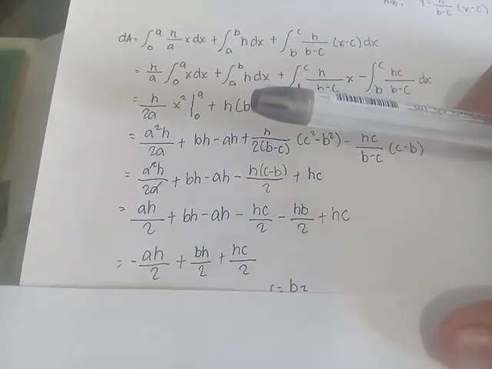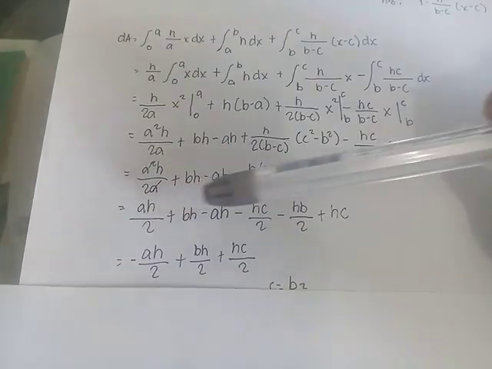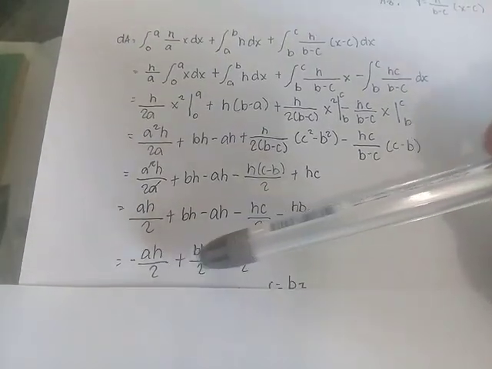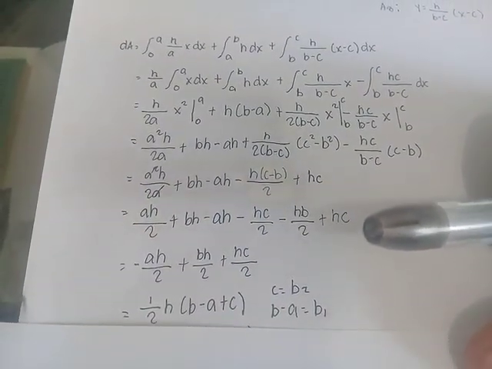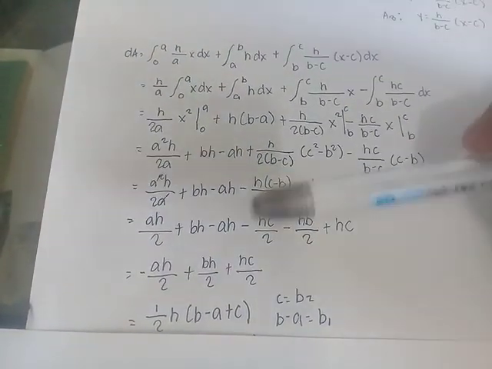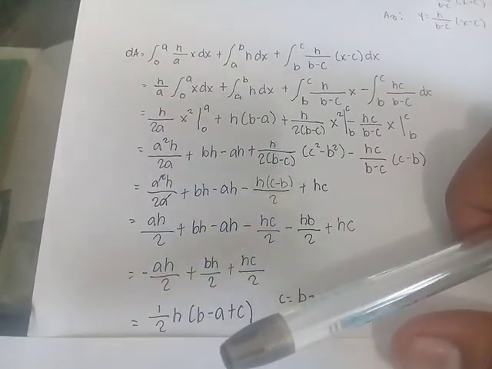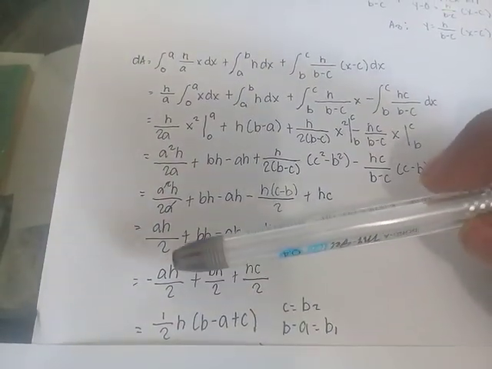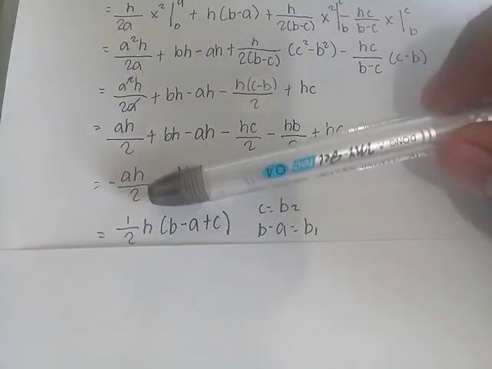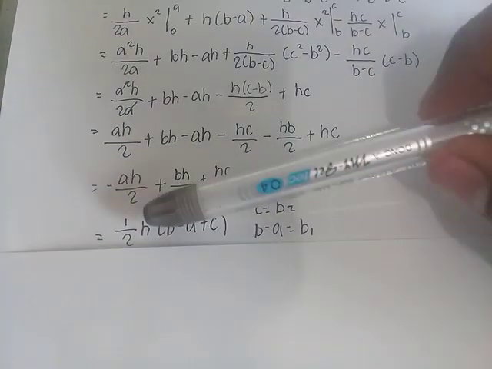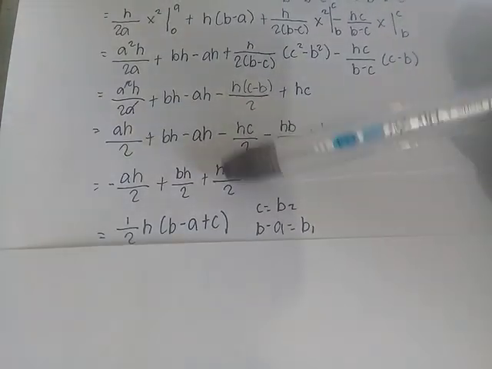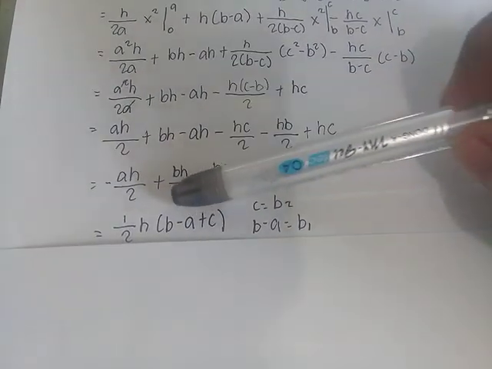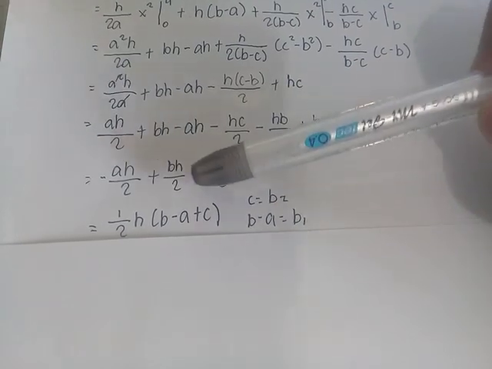And then we get the denominators of each. We have the common 2, so we will use the LCD. Since we have 2 as our common denominator, we will combine it all. So we will use 1/2 h. Since we have h as our common factor, then b minus a plus c.